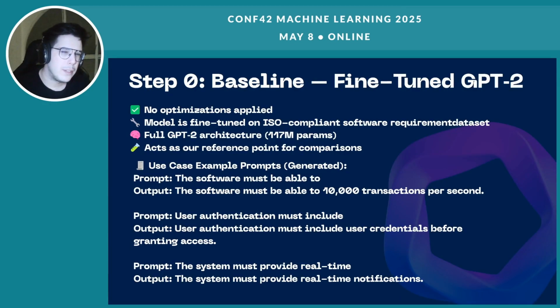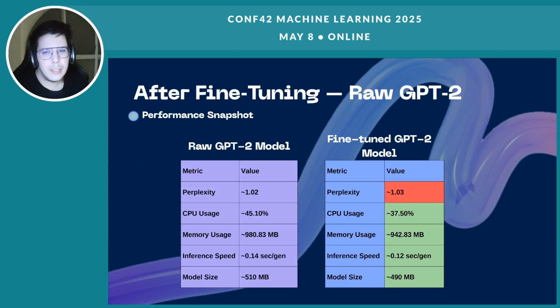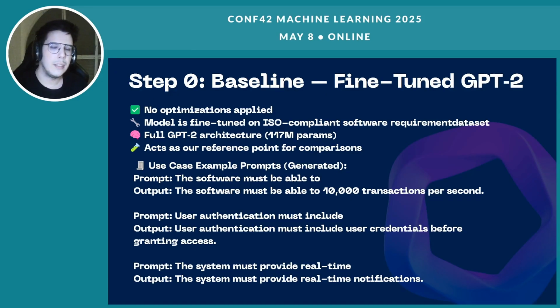Okay, the first step after comparing with the raw GPT-2 is that we need to fine-tune the model. Basically, this model has no optimization applied. Our model is fine-tuned towards ISO-compliant software requirements, and it will use the full GPT-2 architecture, and it will be the reference point for our comparisons. As you may see, after we fine-tune it to our specific task, the output is much better.